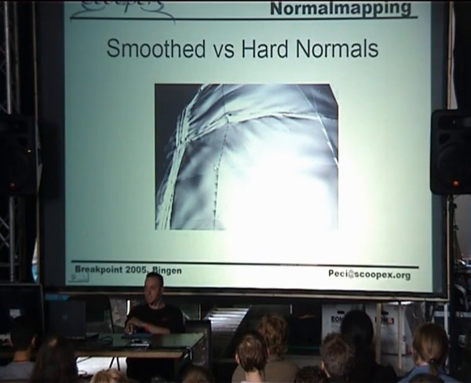You get those artifacts here, and it's not practicable to use hard normals. So the conclusion is: use a model with soft normals everywhere, and do all the hard edges in the normal map.